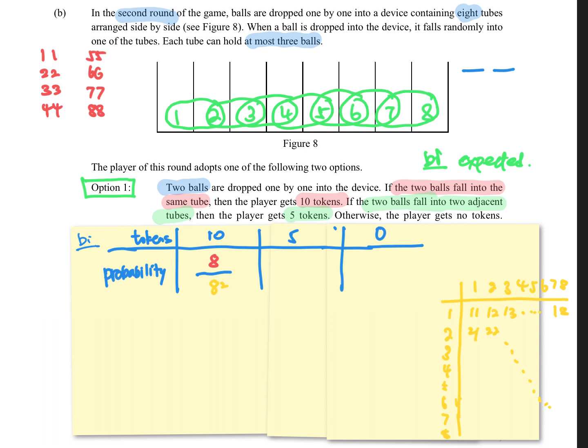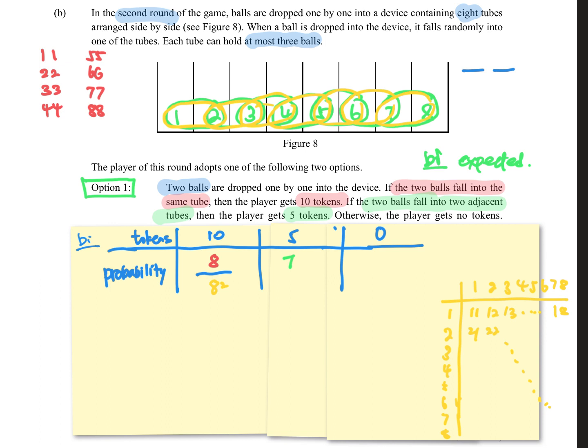If you try to count the number of cases, that will be 1, 2, 3, 4, 5, 6, 7. So for the second case, the numerator will be 7.